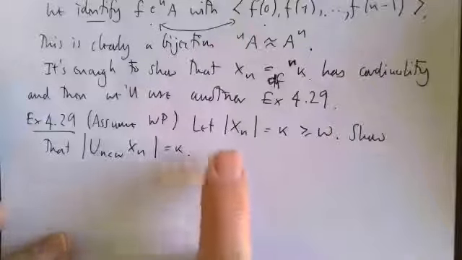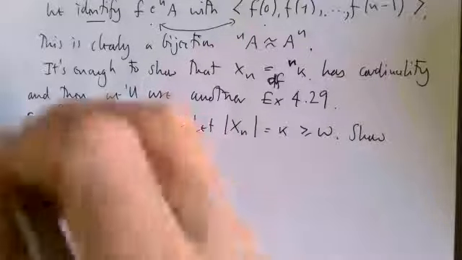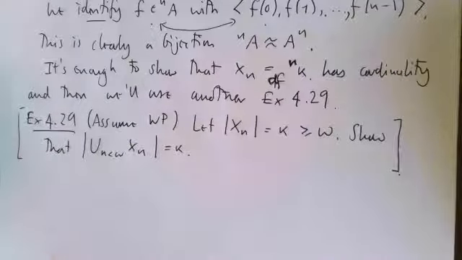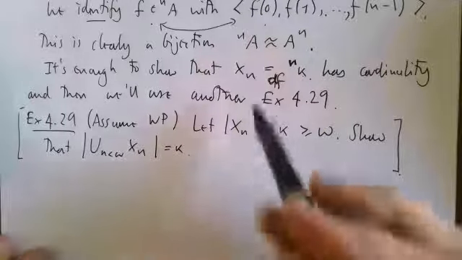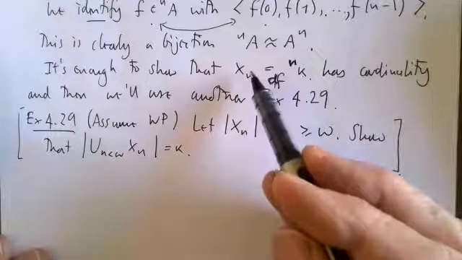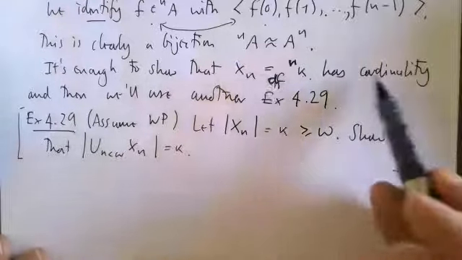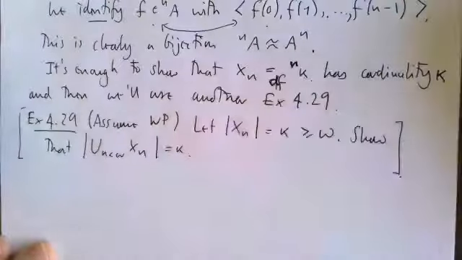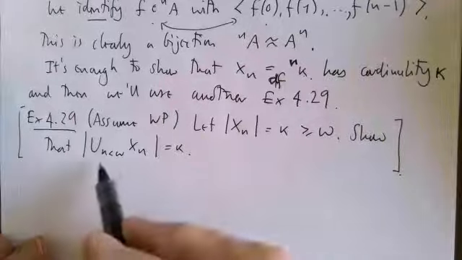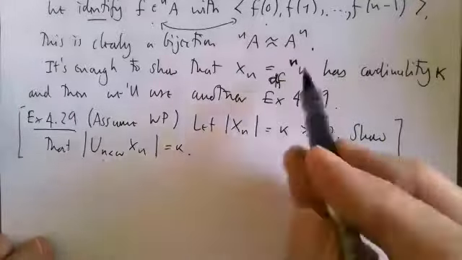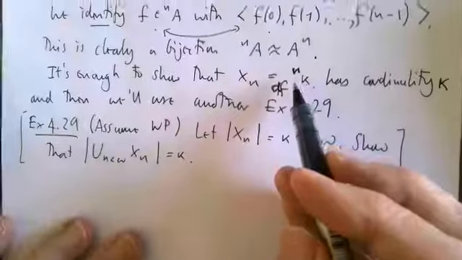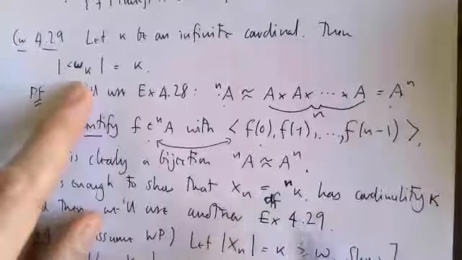Okay, so let's assume this for the moment, and we'll come back to it. So how will this help here? Well, here we've got these Xn's, right? If I can show Xn has cardinality kappa, the union of the Xn's here is the union of the things that I want, all of these sets of n-tuples from kappa here.